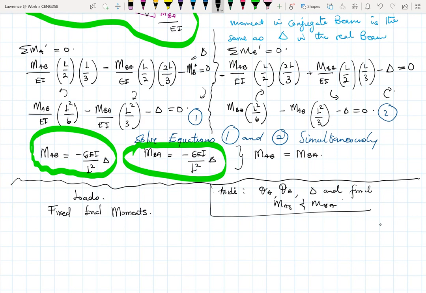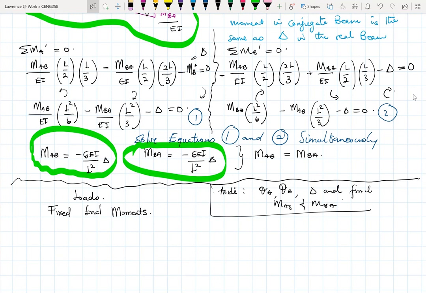But typically, these displacements that we are talking about are actually caused by the loads, right? So if there are no loads on the structure, these displacements will not otherwise occur.